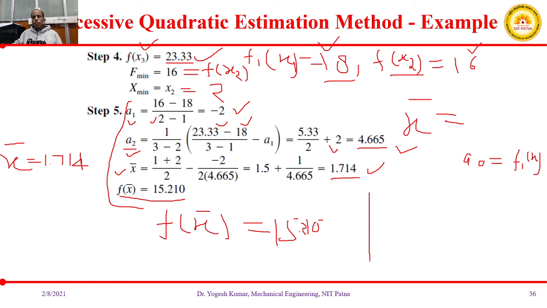Let us try to understand this. We have x1, x2, x3, where x1 is equal to 1, x2 is equal to 2, x3 equal to 3, and the corresponding values of the function are 18, then 16 for point 2, and 23.33 for point 3.